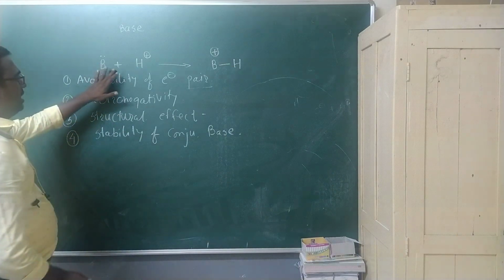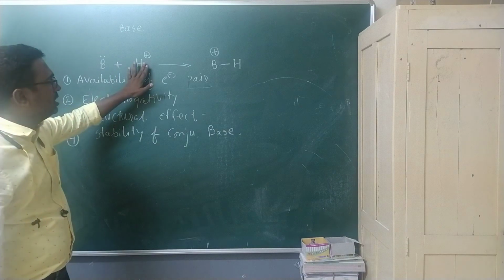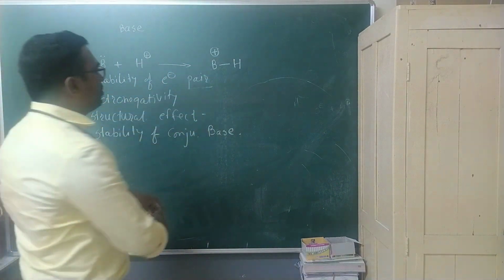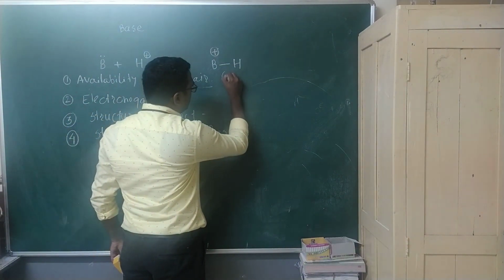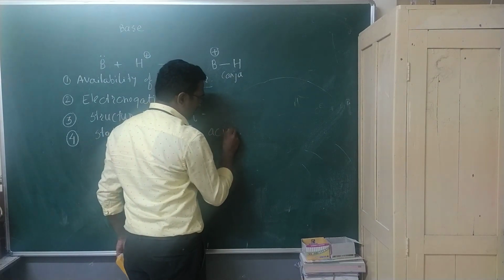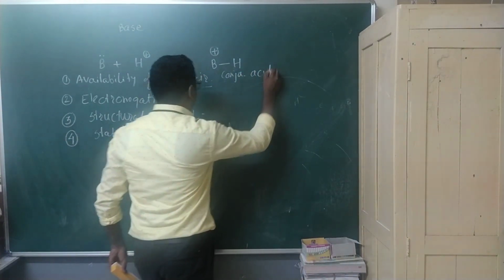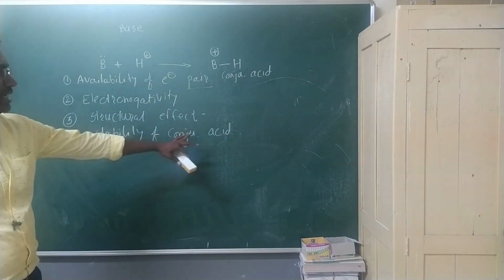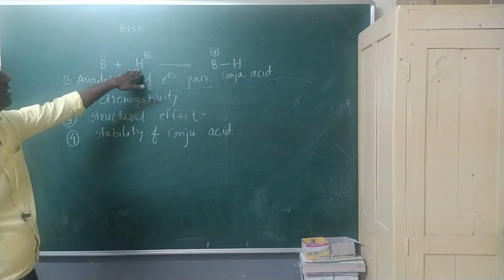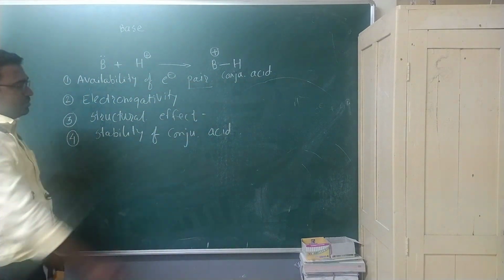The base accepts the H plus ion, that means the base is donating electrons to the hydrogen ion, and there is formation of the conjugate acid. Actually, this one is the stability of the conjugate acid. That means the base, after donation of electrons, forms the conjugate acid. So we are studying the stability of the conjugate acid.